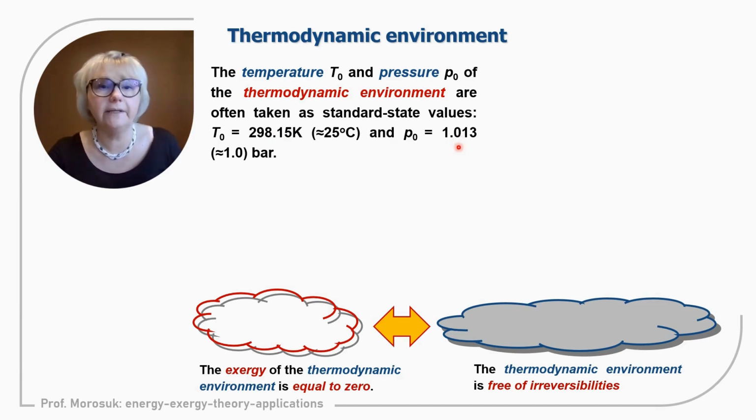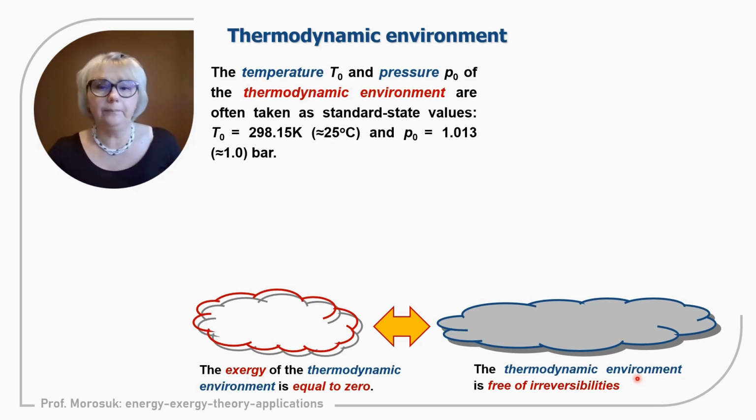These are just standard values if you have no idea about the environmental conditions where the system is supposed to operate in future. As before, the exergy of the thermodynamic environment is always 0, regardless of these conditions, and free of irreversibilities.